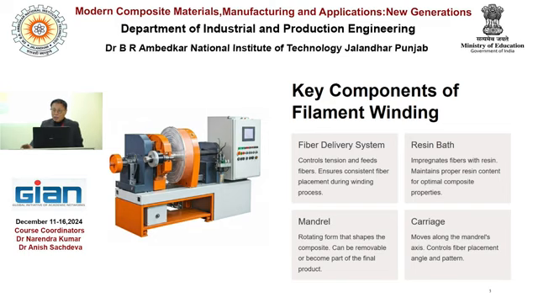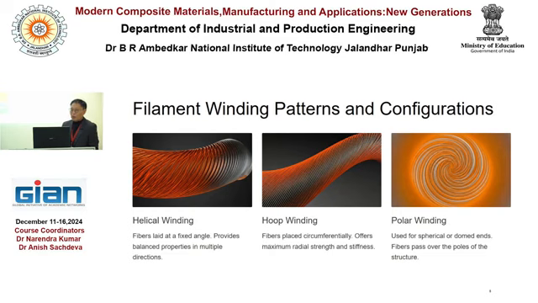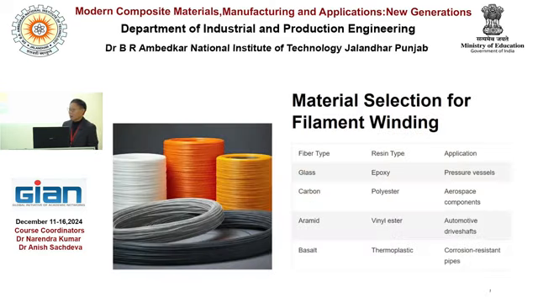And for material selection for filament winding, we typically use three different ones. These are not the only ones that can be used, but they are the typical ones: glass fiber, carbon fiber, and aramid fiber.